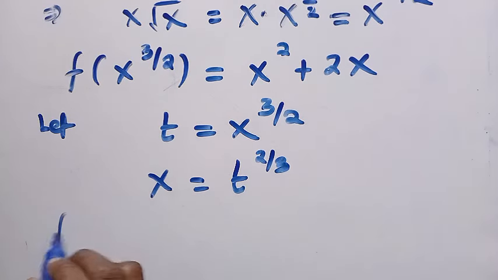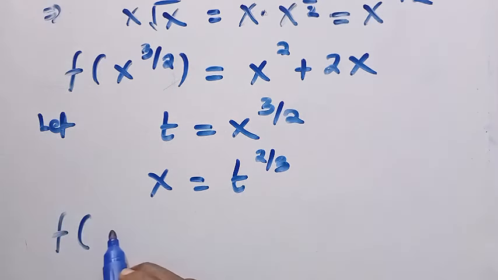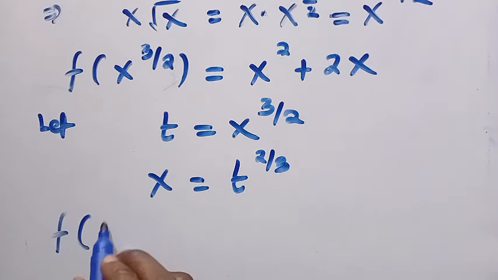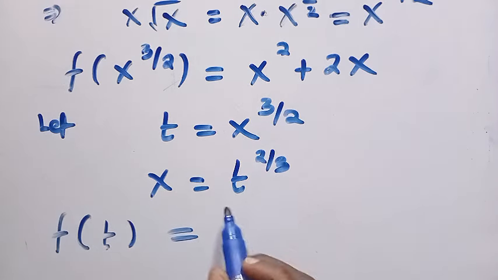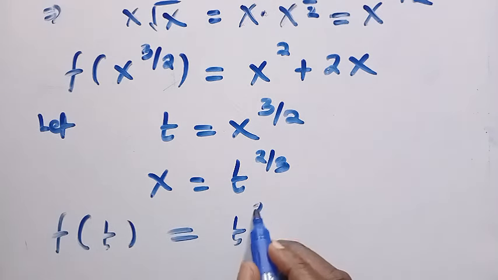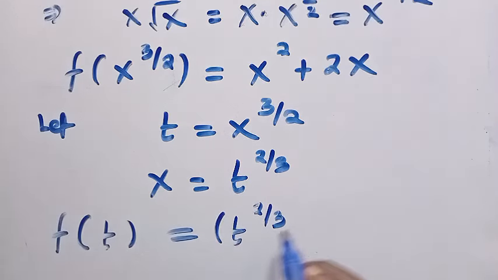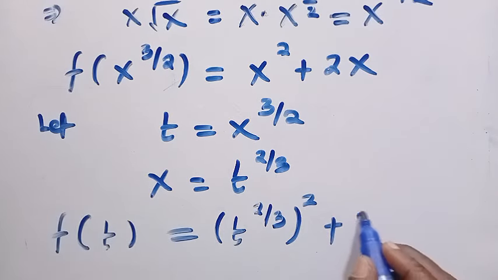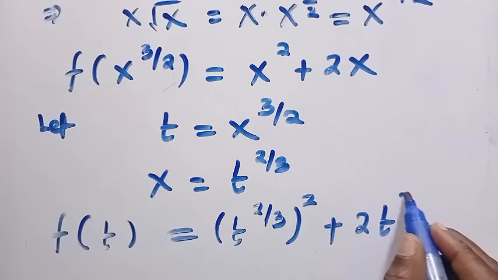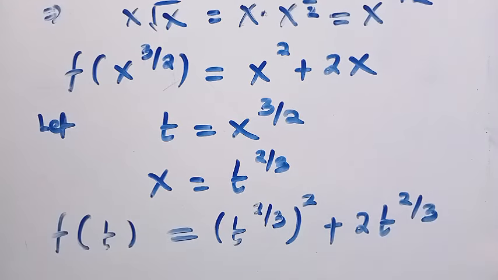Then we substitute back: instead of f of x raised to power 3 over 2, we change it to f of t, which equals, instead of x here, t raised to power 2 over 3, all raised to power of 2, plus 2t raised to power of 2 divided by 3.